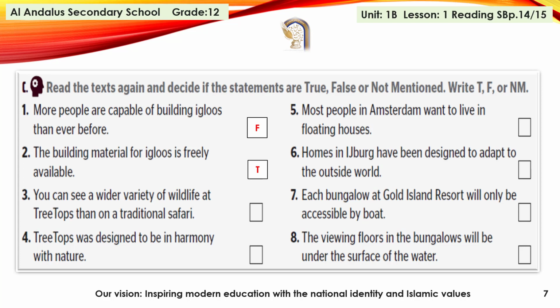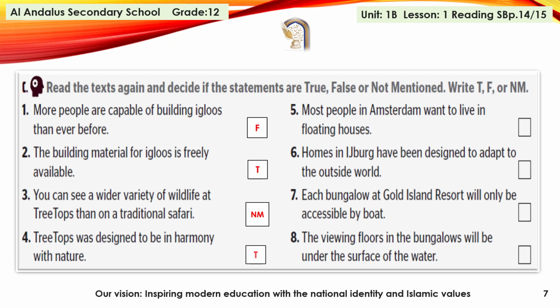If we refer to the postcard, we will find that the answer is not mentioned, of course, because she didn't refer to that comparison. Number 4, tree tops was designed to be in harmony with nature. Of course, the resort was built on tree tops, so that sentence is true.